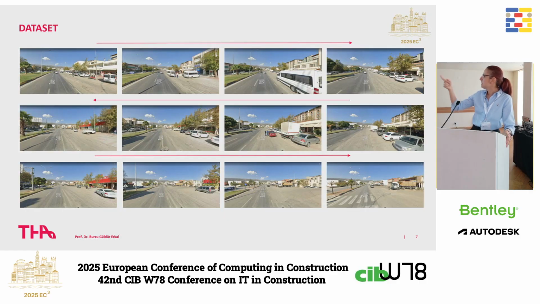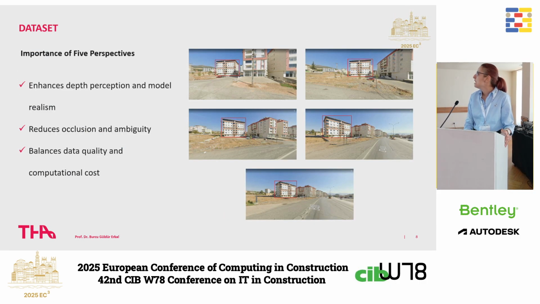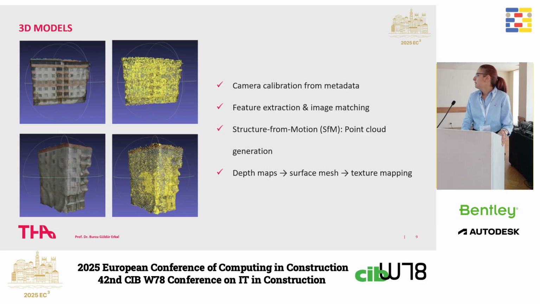As you can see, we collected the data at certain intervals, and to enhance the depth perception of the model, we made sure that we had at least 5 perspectives for each building. We performed camera calibration, feature extraction, and image matching.